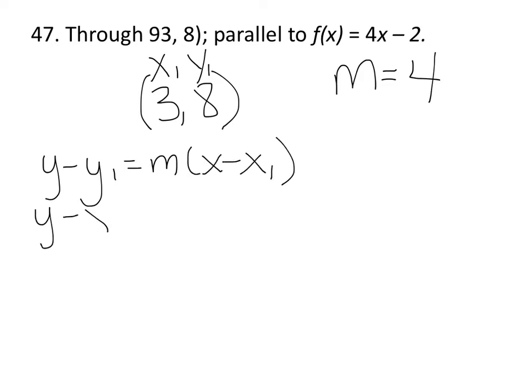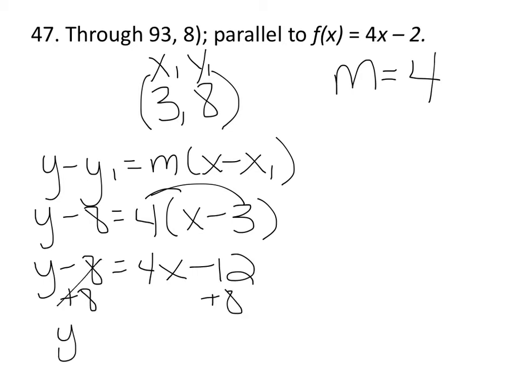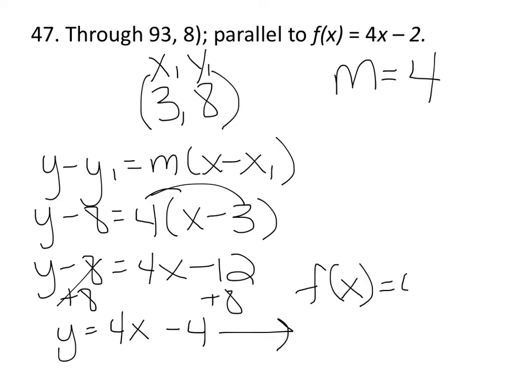So y minus 8 equals 4 times x minus 3. Distribute your 4. Y minus 8 is equal to 4x minus 12. Add 8 to both sides. Y equals 4x minus 4. And we want it in function notation, so change y to f of x is equal to 4x minus 4.